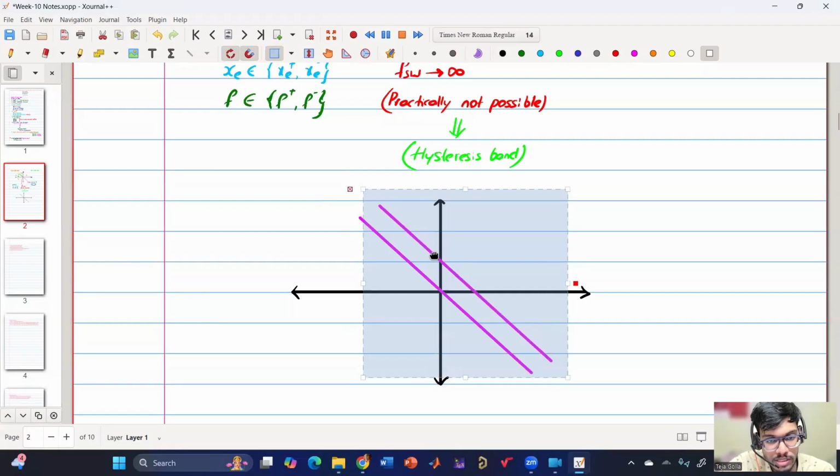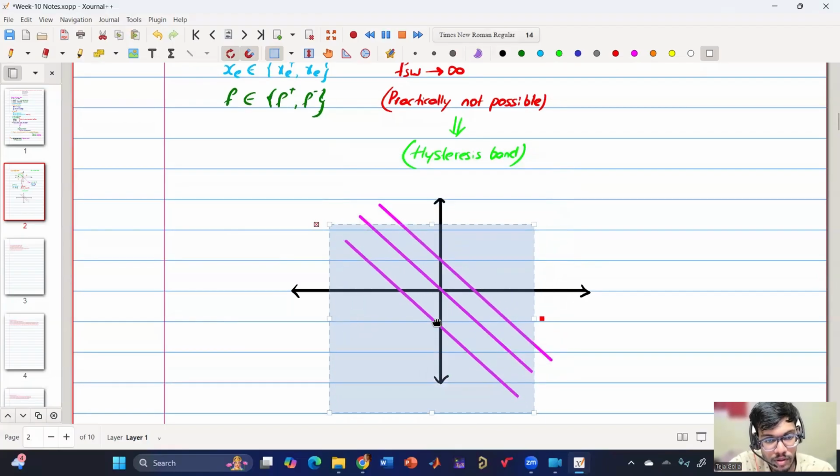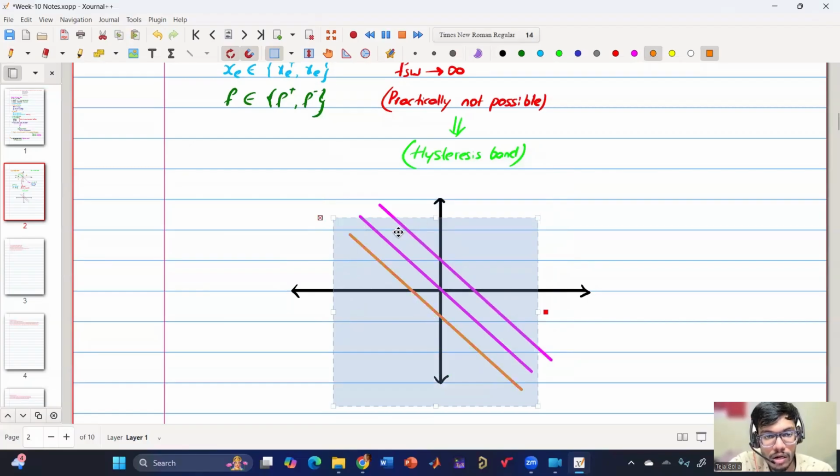I'll use a different color for the hysteresis band.